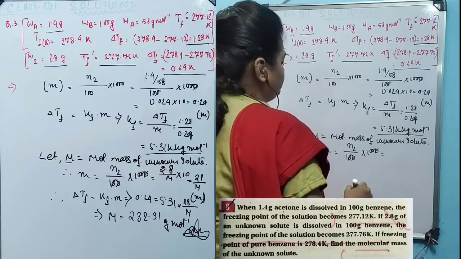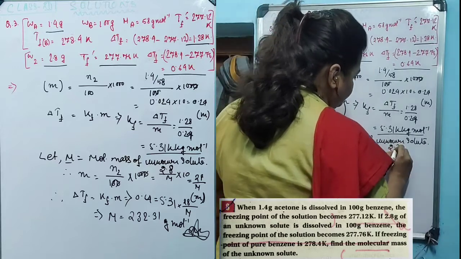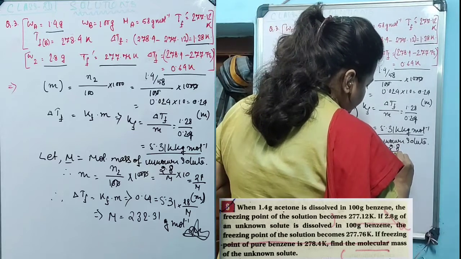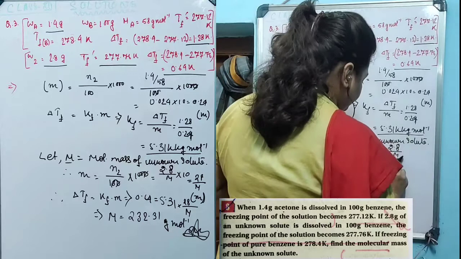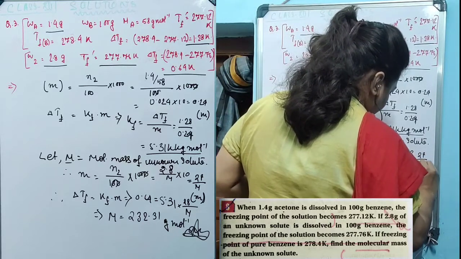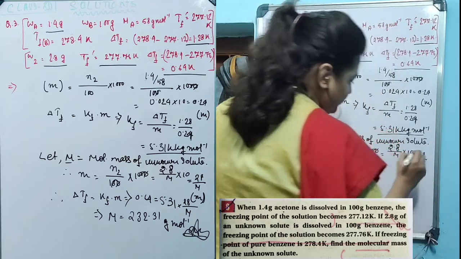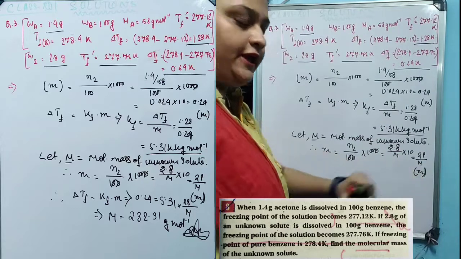Mole number of unknown solute we can write as the given mass, 2.8, by the molecular mass M, multiplied by 10, which is 28 by M. This is the molality of the solution that we got, 28 by M.